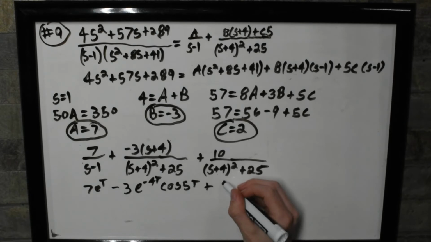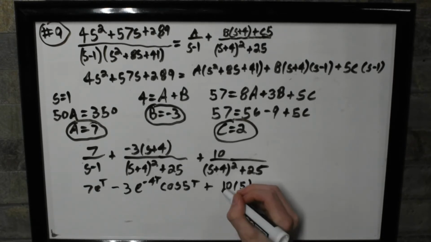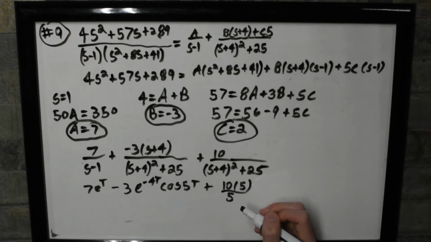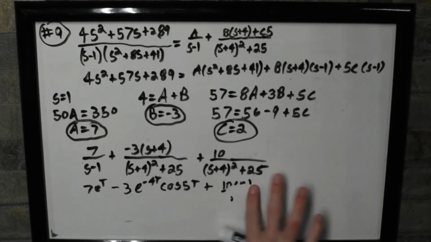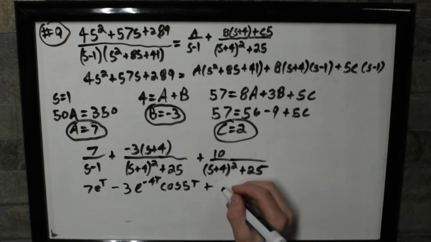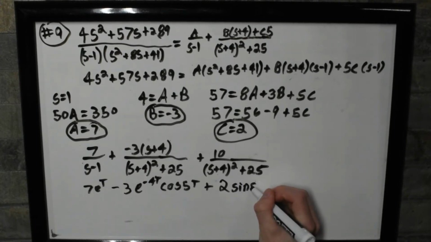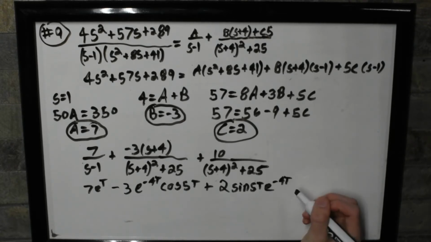So we have 10, but we need beta in the numerator. So for this to equal 10, we still need to divide by 5. So 10 divided by 5 is 2. I'm just showing you where the 10 divided by 5 comes from. So we will end up with 2 sine 5t e to the negative 4t. And that will be the answer.